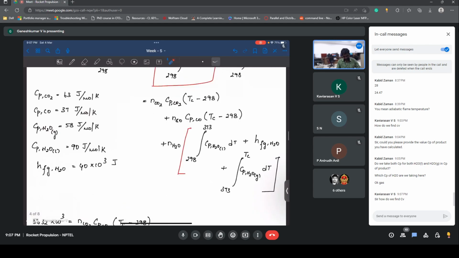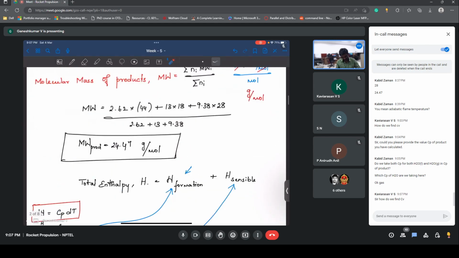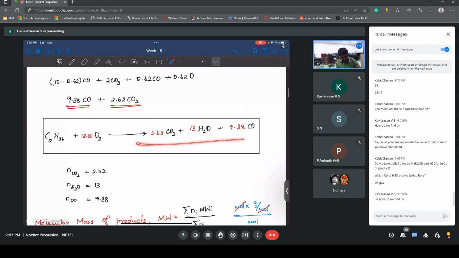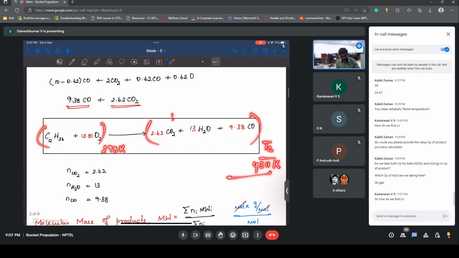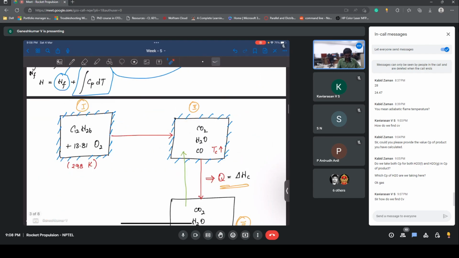In this reaction, this is actually in terms of gas only, right? This is at 298 Kelvin, and these are at Tc, some 4,300 Kelvin. At this temperature, you have Cp of gas. All these are gases only, so you need to take gases. Okay, I hope it's clear.